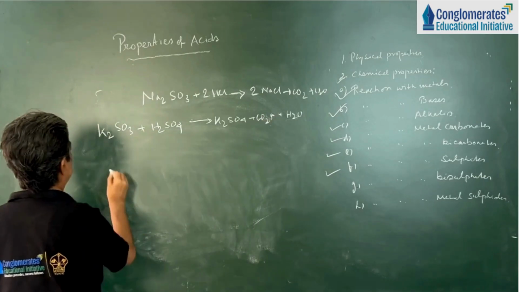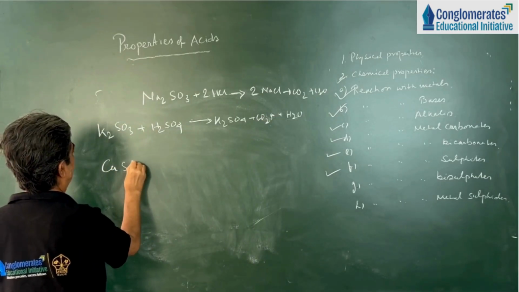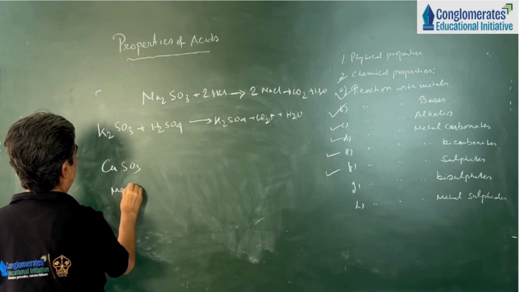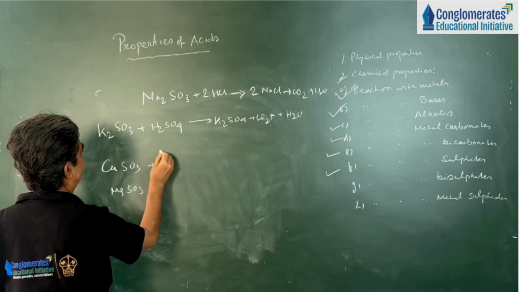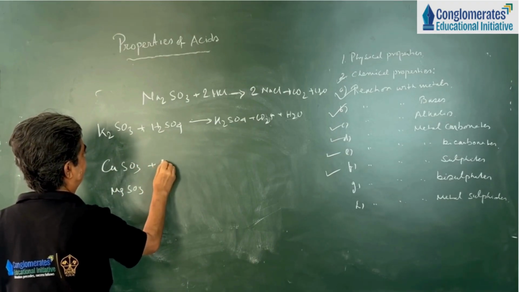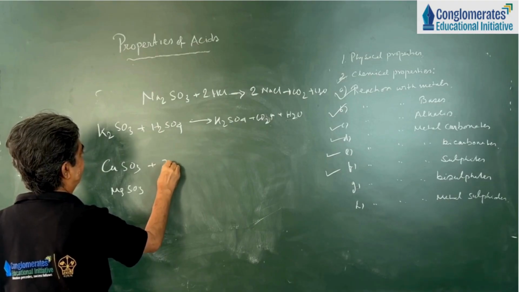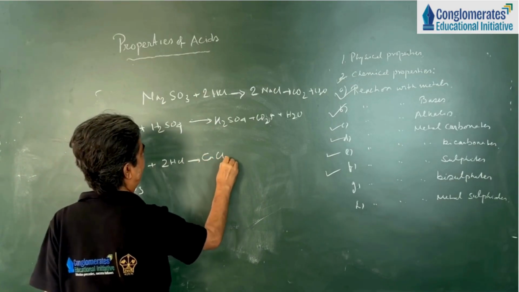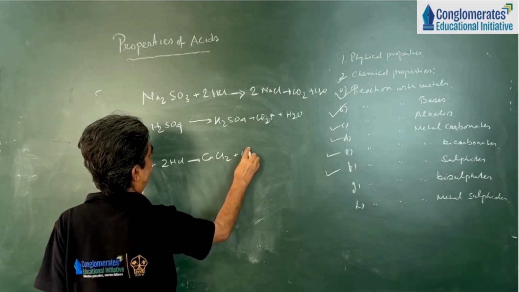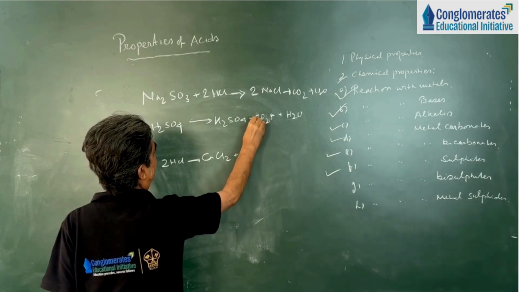Suppose calcium sulfite or magnesium sulfite, whatever you take, a similar reaction occurs. In case of calcium sulfite, we cannot use sulfuric acid; we have to use dilute nitric acid or dilute HCl. I am taking dilute HCl here, so we get calcium chloride plus sulfur dioxide, SO2.